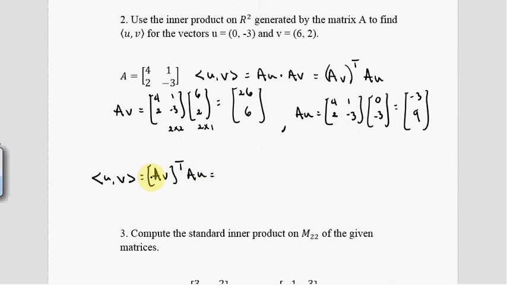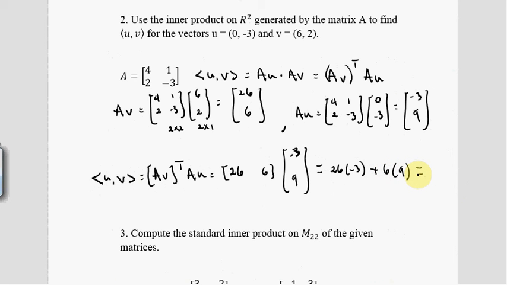Well, what is that? Well, AV, if you transpose that, becomes a row, 26 and 6, times here the column of AU, which is negative 3 and 9. So this is 26 times negative 3 plus 6 times 9.